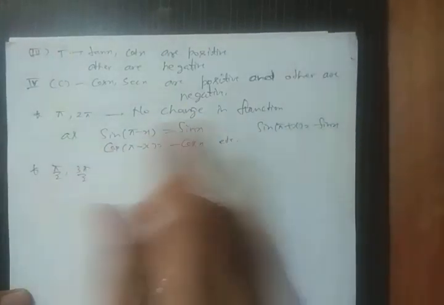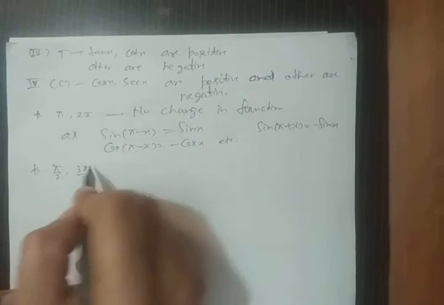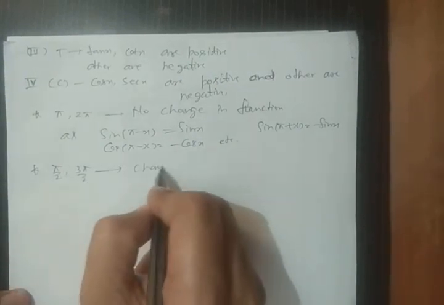So the trigonometric function has no change at pi and 2 pi, and at pi by 2 and 3 pi by 2 the function changes.